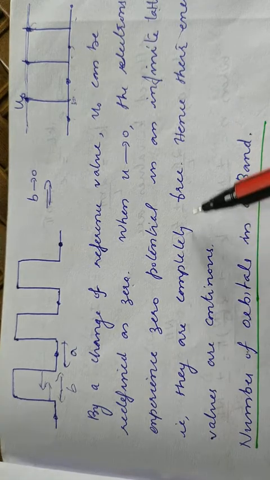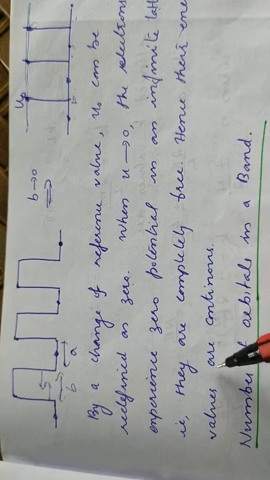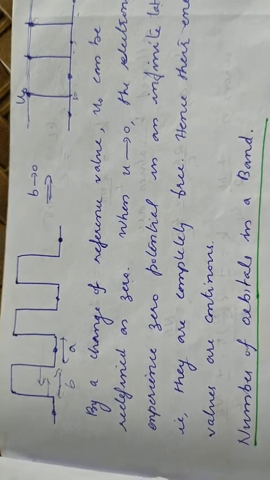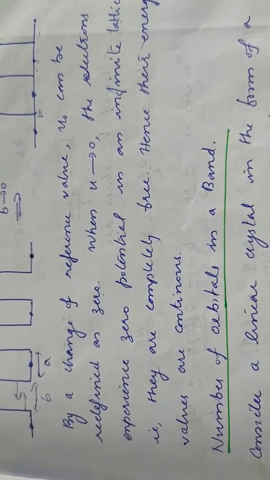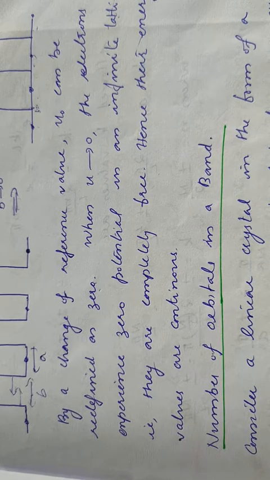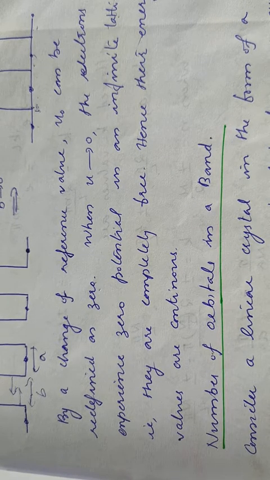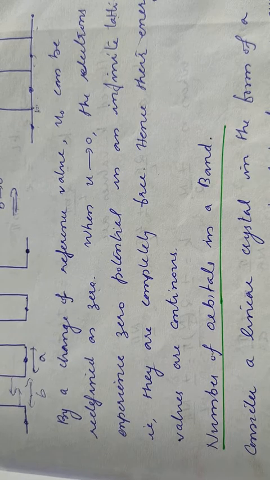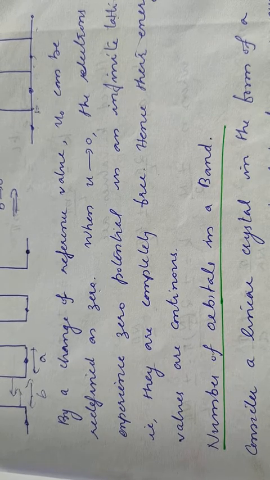That is, they are completely free. Hence, their energy values are continuous. So potential zero means the electrons are completely free inside the lattice. Hence their energy values are continuous. So no energy levels. If they are continuous, that means the electrons are completely free to move inside the crystal lattice.